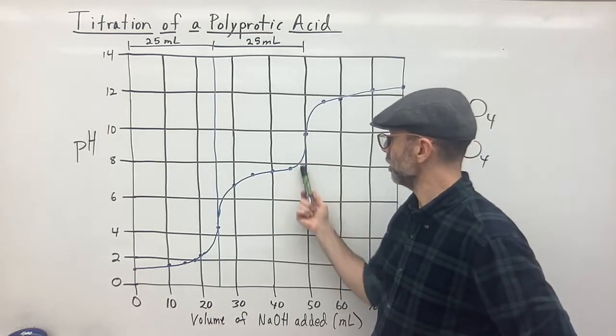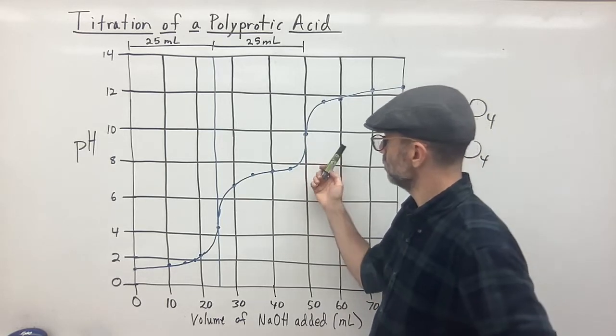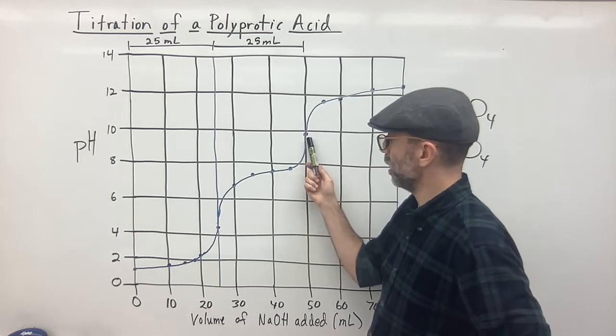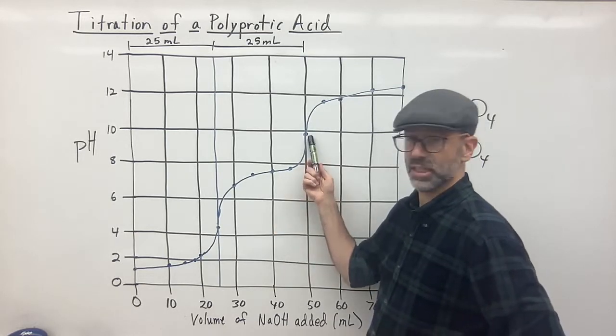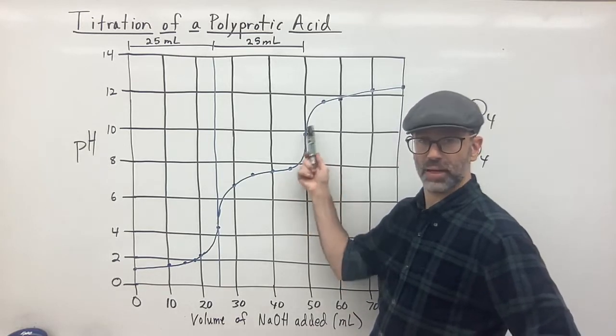So we get another equivalence point here, and you can see here that this point here is above a pH of 7, because at this point we have no more acid, we just have the conjugate base.